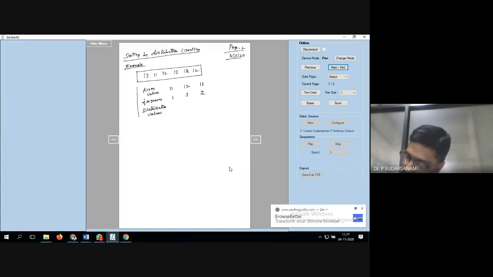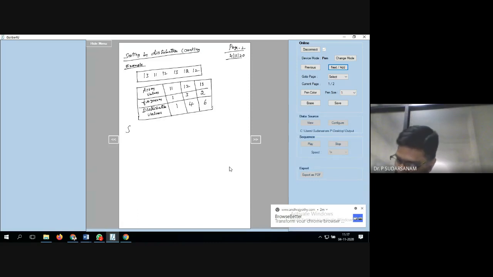This is the given problem, and we need to find the solution. So sorting by counting: 13, 11, 12, 13, 12, 12. Array values are 11, 12, 13. Frequency is 1, 3, 2. Distribution values are 1, 4, 6.